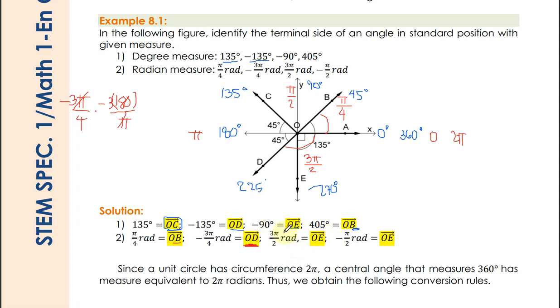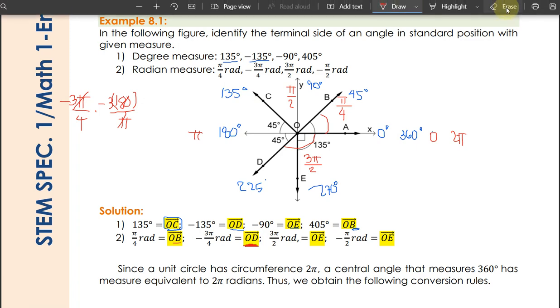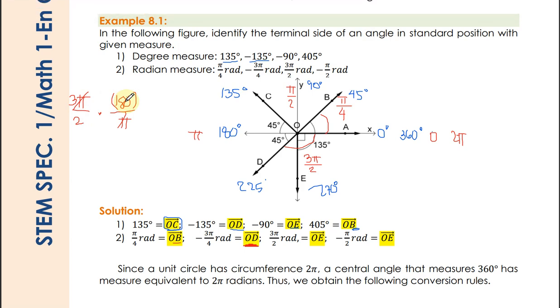So next is 3 pi over 2. You multiply it by 180 over pi. So pi cancels, so 3 times 180, that is 540 divided by 2, that is equal to 270 degrees.